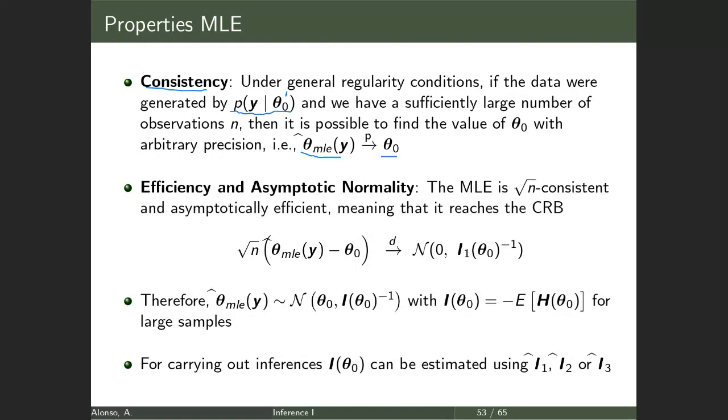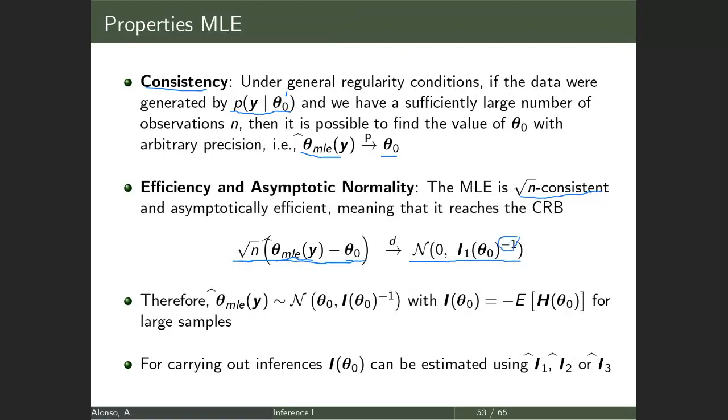We call it root n consistent because when the sample size goes to infinity, and we construct this random variable, root n times the maximum likelihood estimator minus the true value, its distribution gets closer and closer to a normal distribution, with mean zero and variance-covariance matrix the Fisher information matrix of one observation to the power minus one.